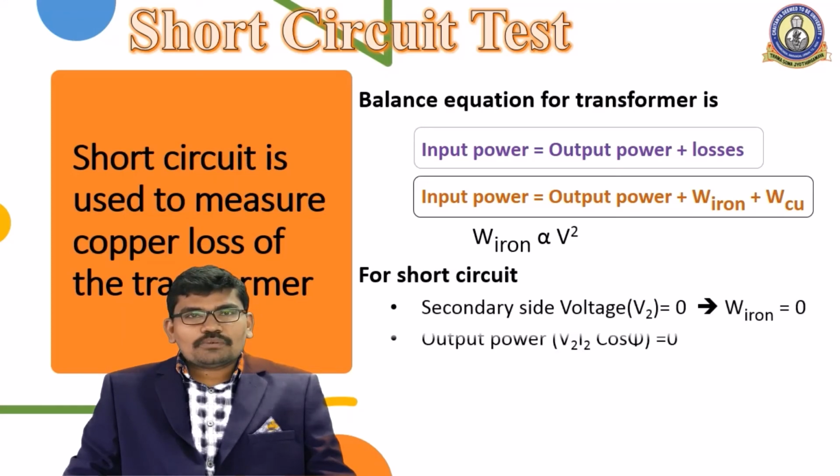Similarly, the output power V2 I2 cos phi is also 0, because V2 equals 0. So the transformer gives only copper losses in the short circuit test.